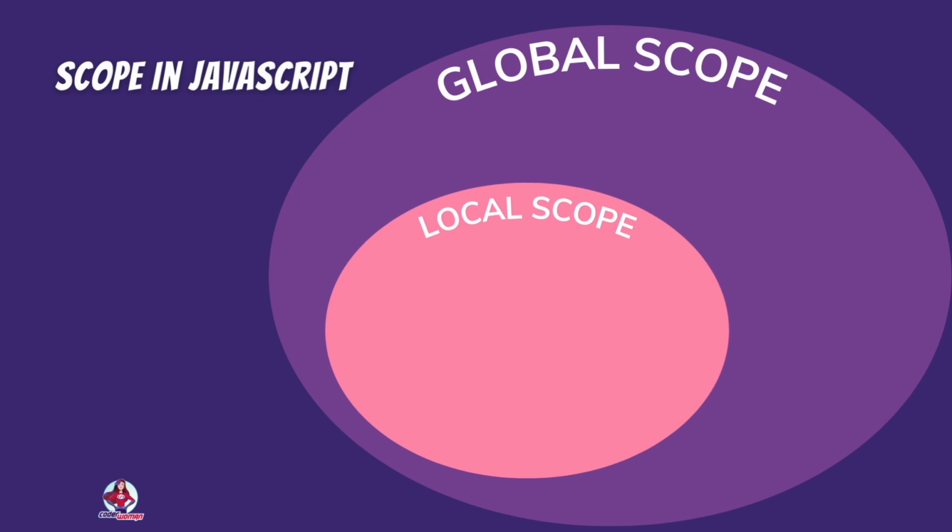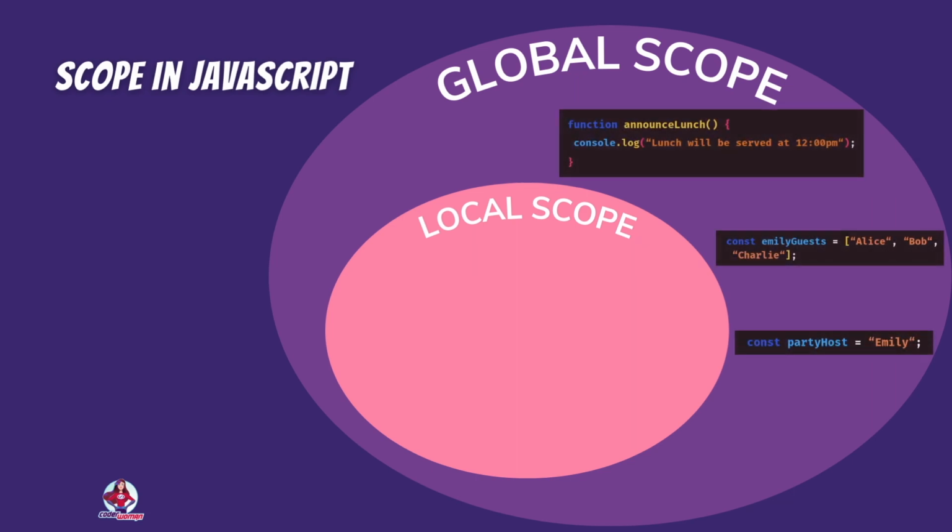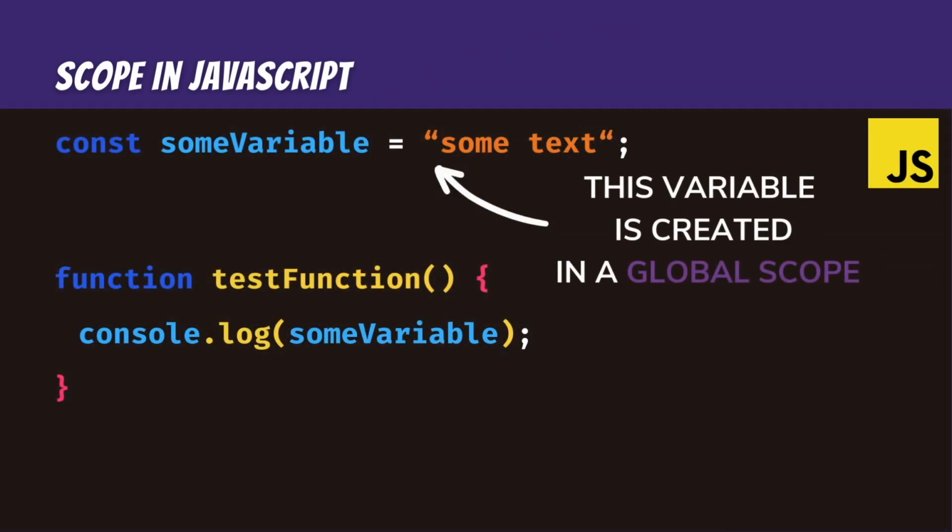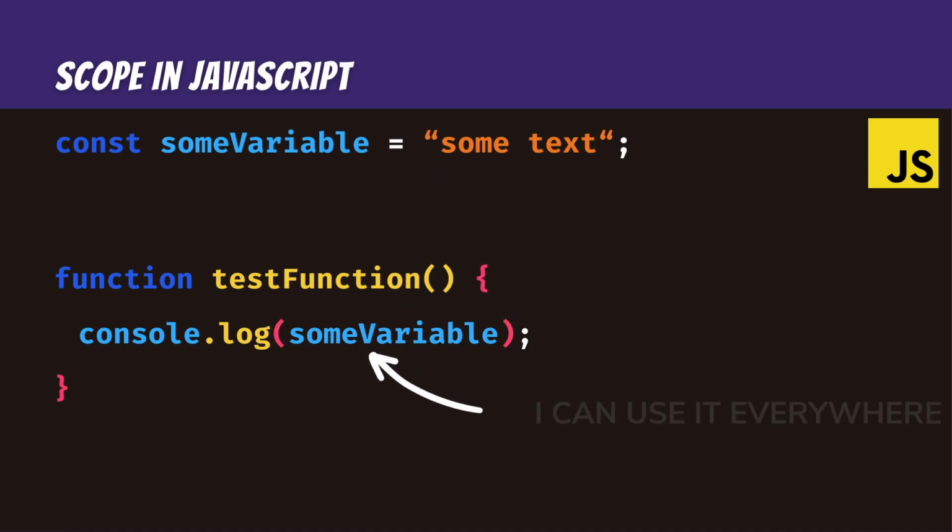As an example, any variables and functions that we've written until now are accessible in the global scope. If I create a variable in the code, I can access it everywhere. Even if I create a function later and want to use that variable within the function, I can do it. The variable was created in the global scope.